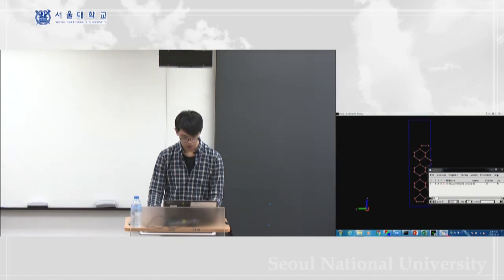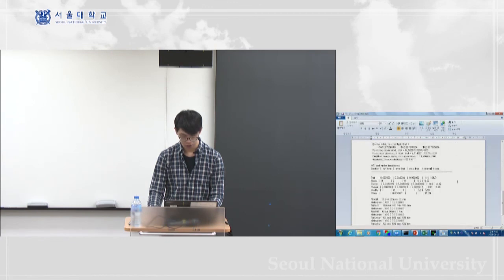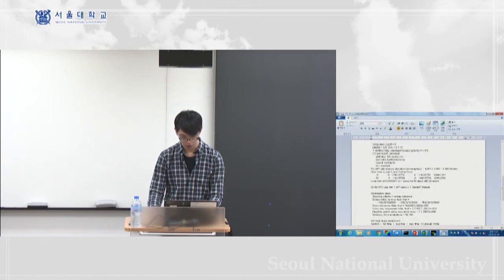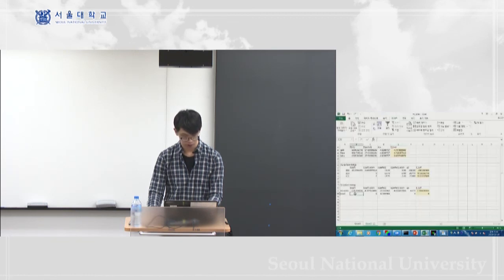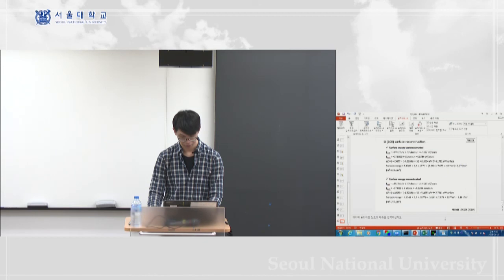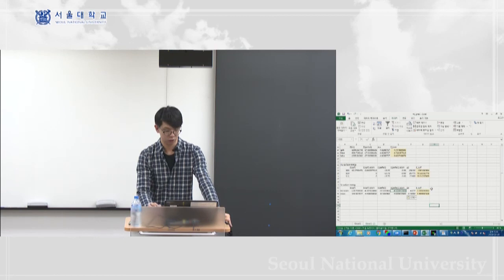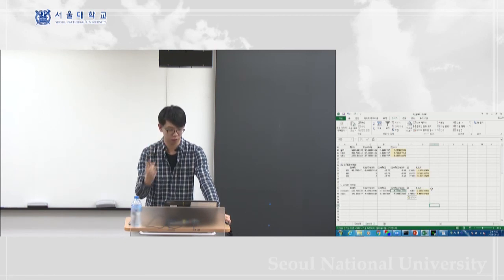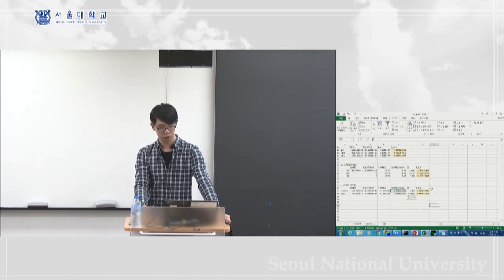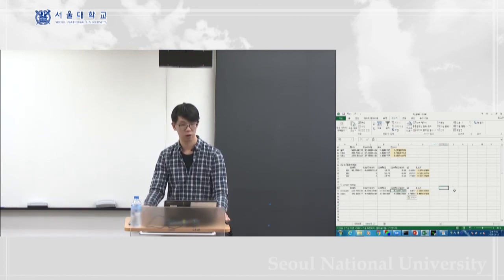So you can write down the stable structure energy from the log file and calculate the surface energy. So with surface reconstruction, you can see that the surface is stabilized by about 8 joule per meter square.